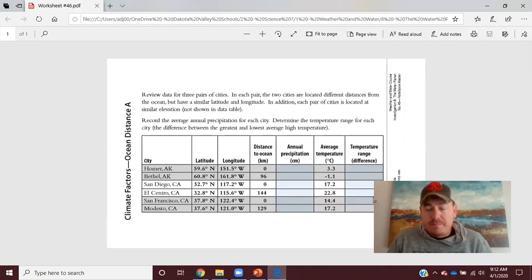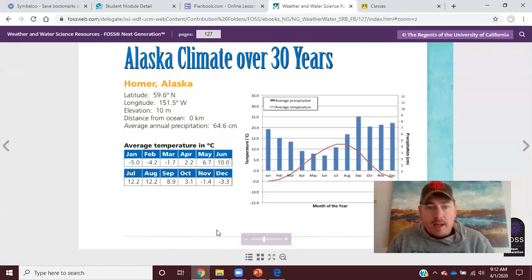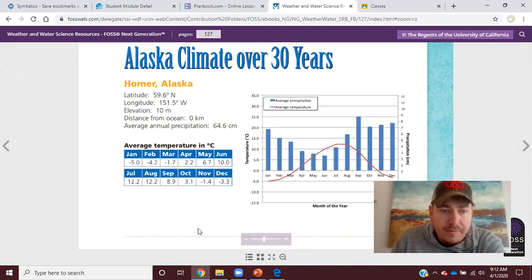For the temperature range, you're going to have to do a little math on that. So what you're doing in this one, you are looking at your coldest month and your warmest month. So here we've got -5 degrees, which looks to be the coldest month, in January, and we have a tie of 12.2. They're the same. Okay, so what you would do is take 12.2, your highest number, minus your lowest number, -5.